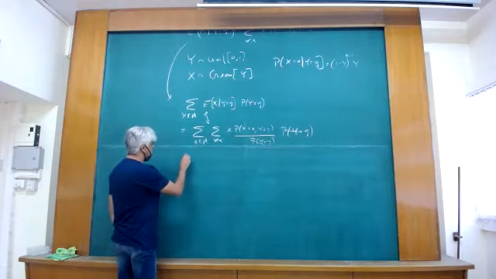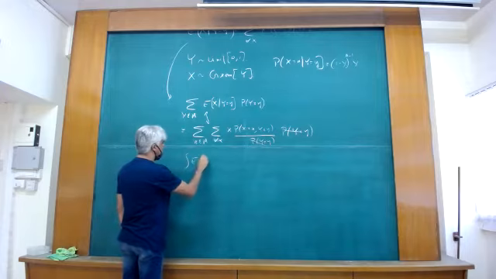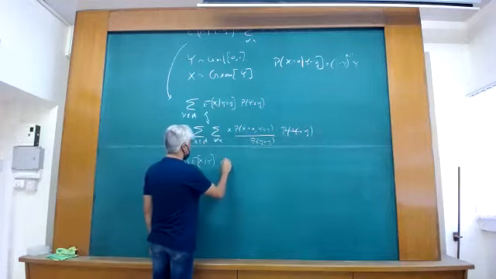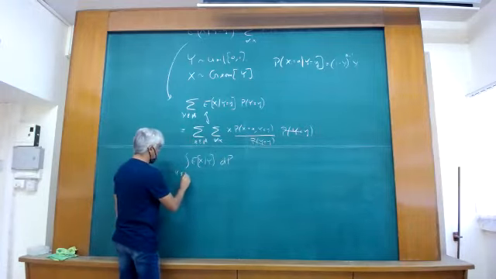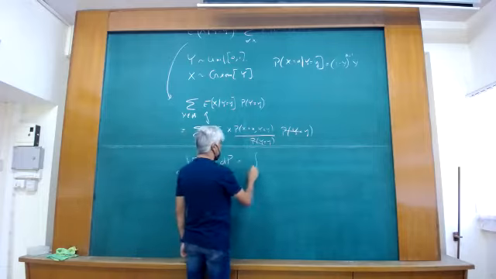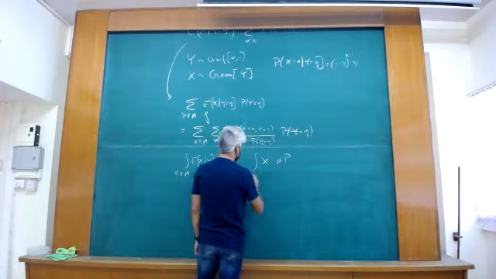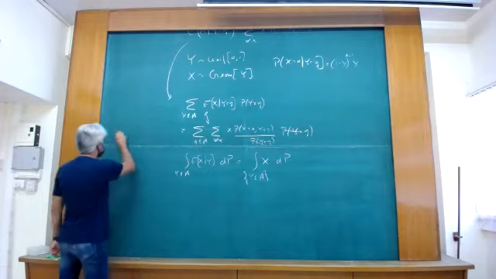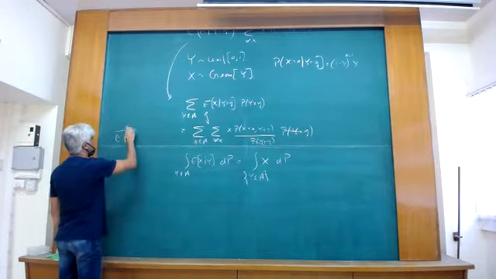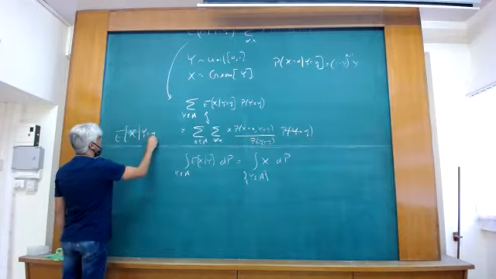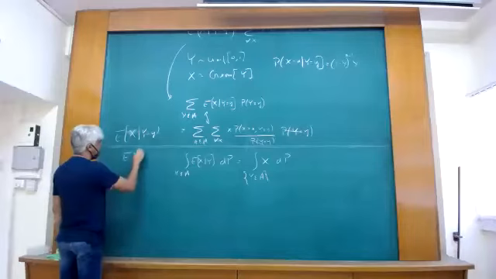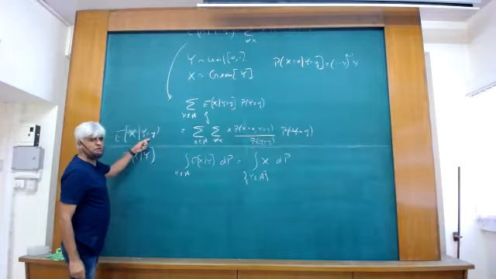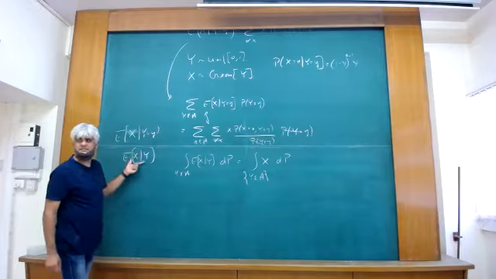More abstractly, this relationship can be written as the integral of E of X given Y dP over the set Y belongs to A is equal to the integral of X dP over Y belongs to A. So what I've done is, this can be thought of as a random variable E of X given Y, which on the set of omega where Y is equal to small y takes this value.